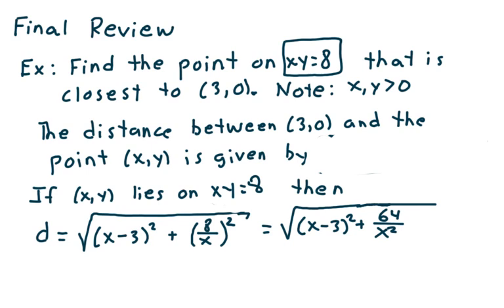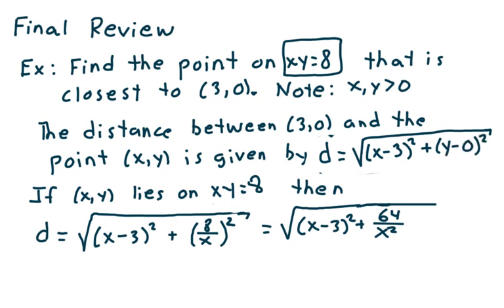Now, the distance between (3, 0) and the point (x, y) is given by d equals the square root of (x minus 3) squared plus (y minus 0) squared.